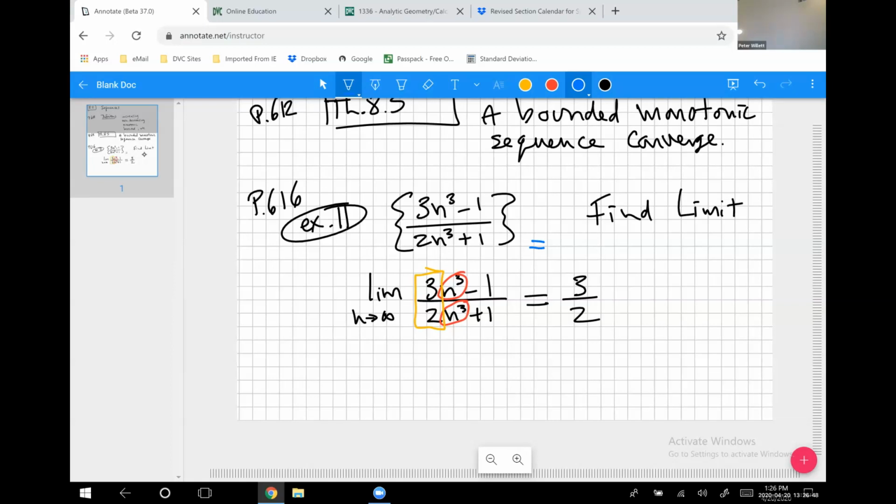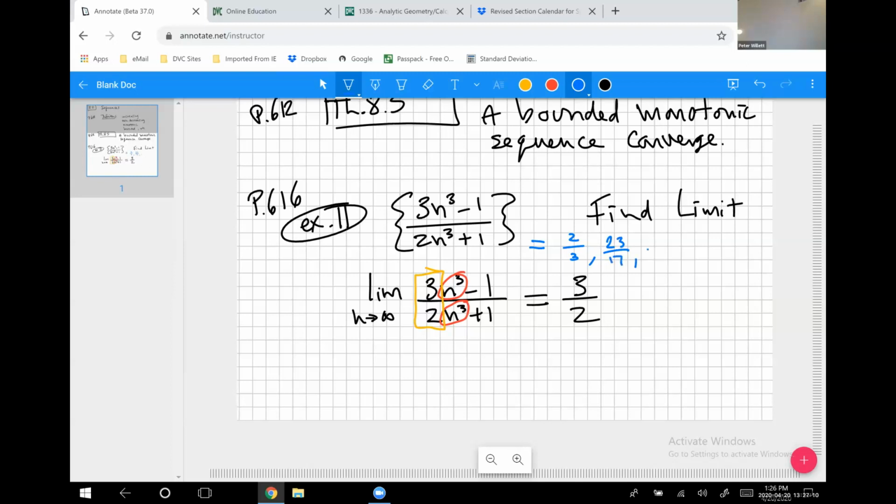If I plug in a 1, I would get what? 2 over 3, I think. And if I plug in a 2, 2 cubed is 8, 24 minus 1 is 23, and on the bottom I would get 17.